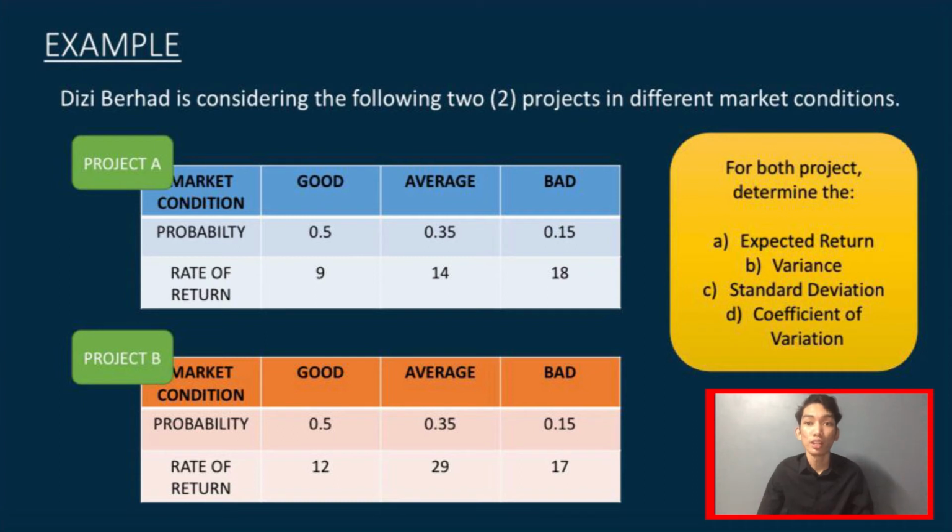Rate of return for good is 12, for average 28, and last rate of return for bad is 17. Okay, move on to the question. The question is for both projects, determine the expected return, variance, standard deviation, and coefficient of variation.